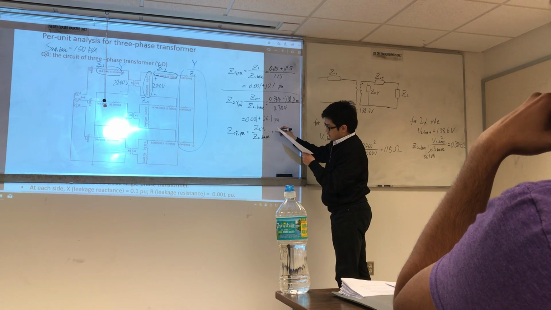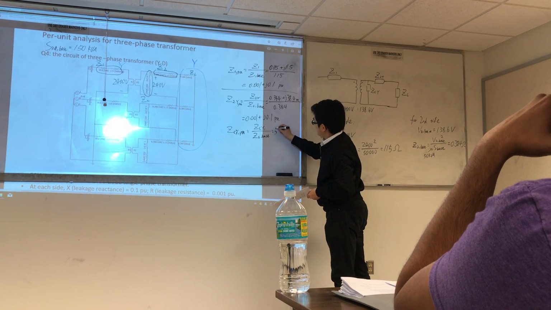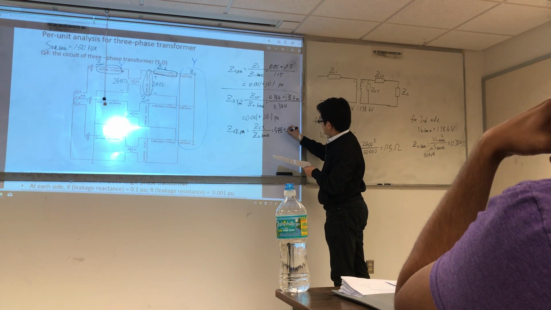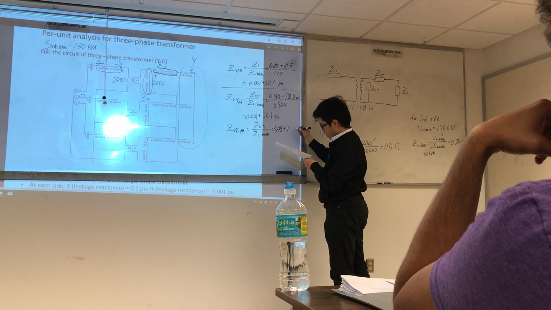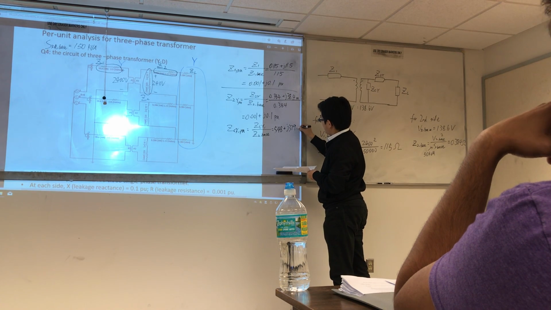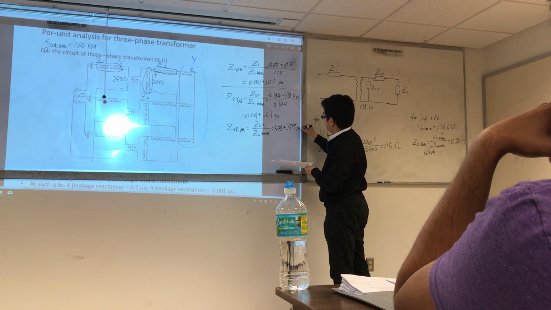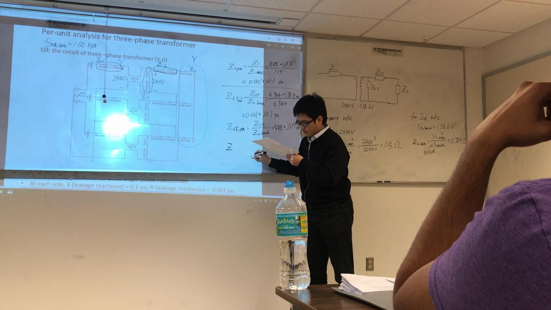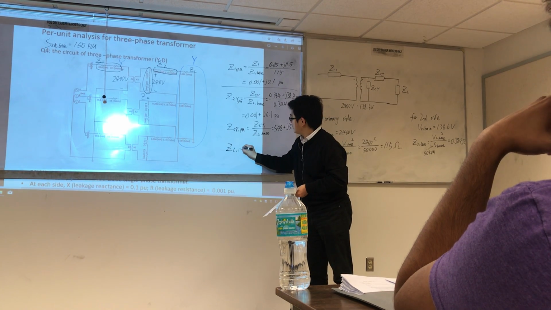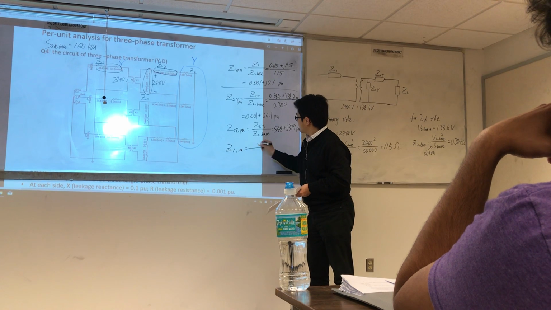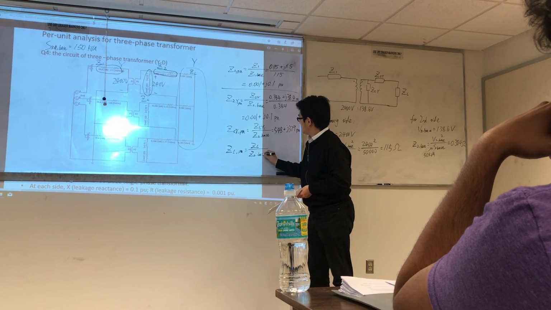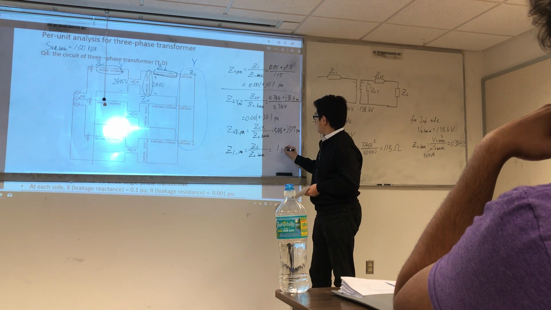This one is very large: 548 plus j379 per unit. How about the Z load per unit? It's ZL divided by Z2 base. It's 1 per unit.